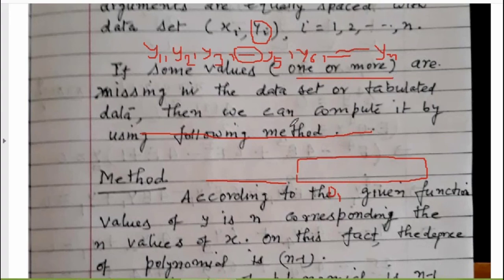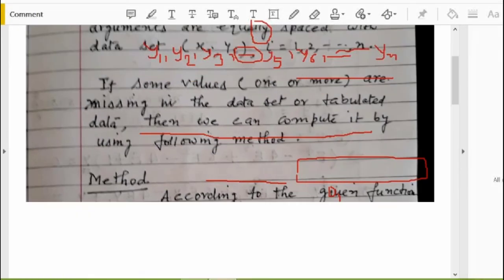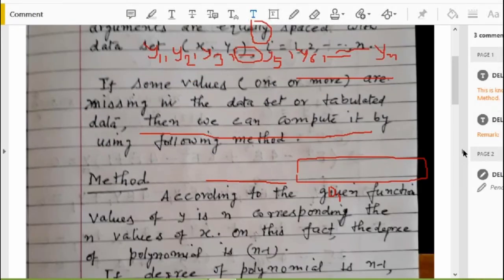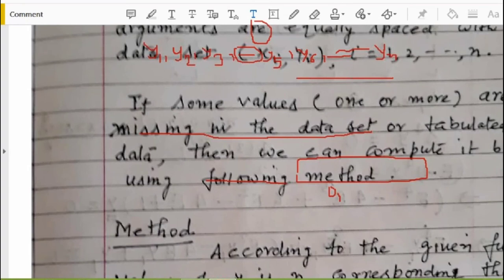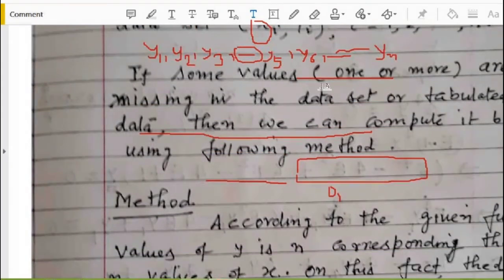Then what is the method, what is the procedure which can give us the missing values? So now the method which we are going to describe today is this method. What is this method?